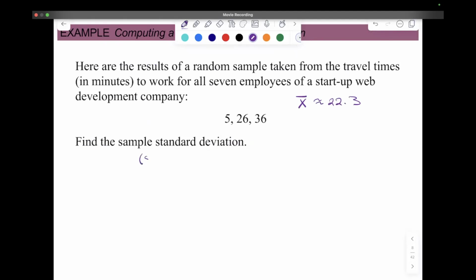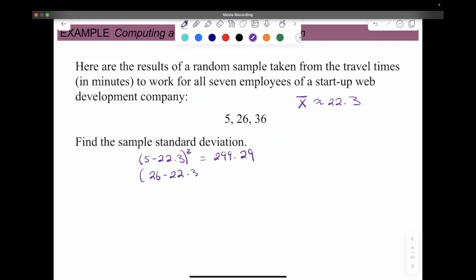So I'm going to use that average. I'm going to do 5 minus 22.3 and square it. That's big. 299.29. 5 minus 26, square it. Oh, that's wrong. I'm having issues. Just a second. 26 minus 22.3.